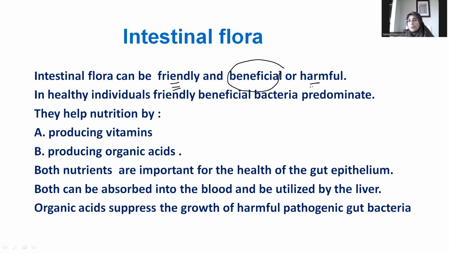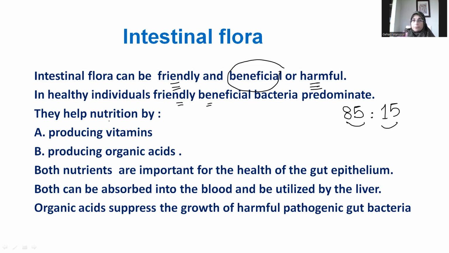And there is another group of intestinal flora that are harmful flora. In order for a human being to be healthy, the number of friendly and beneficial bacteria should predominate. And usually the ratio of friendly bacteria to pathogenic bacteria should be around 85 to 15.